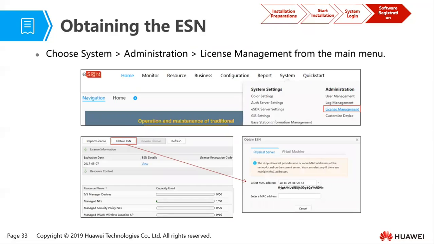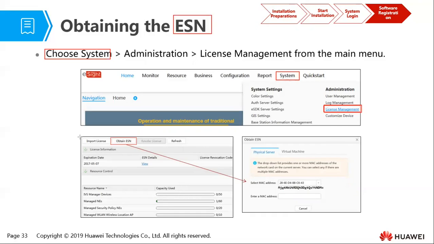So how do you obtain the ESN of your server from eSight? You can go here. You click on System from the top menu, then you click on License Management.